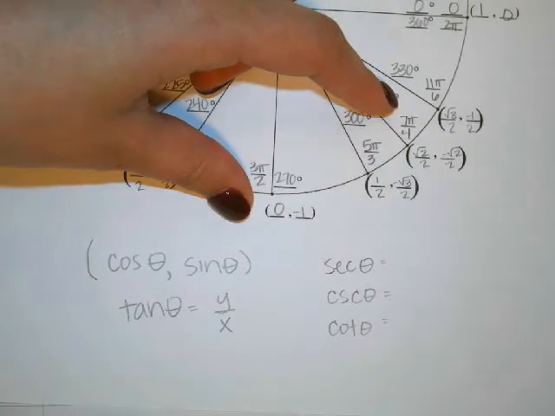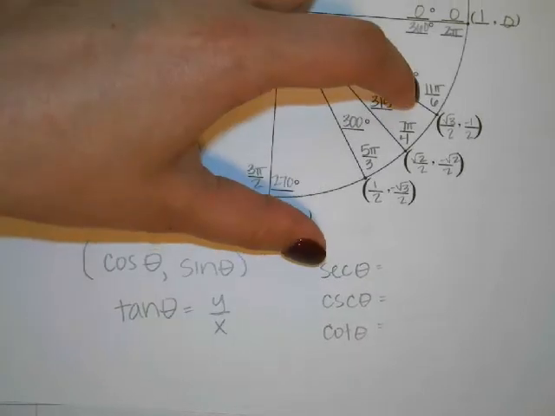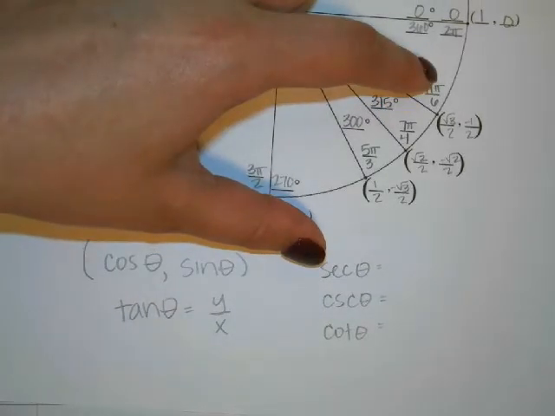And for the purposes of simplifying trig expressions, we would say that secant is the same as 1 over cos. But when we're talking about evaluating trig functions, I would say that secant is the flipped version of cos, so that if cos was 1/2, then secant would be 2 over 1. And I'm going to go ahead and write that on my paper because I think that's an easier thing to remember.